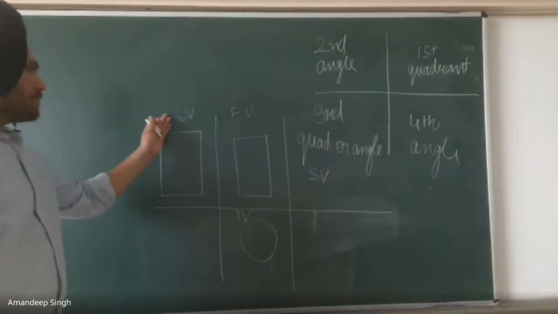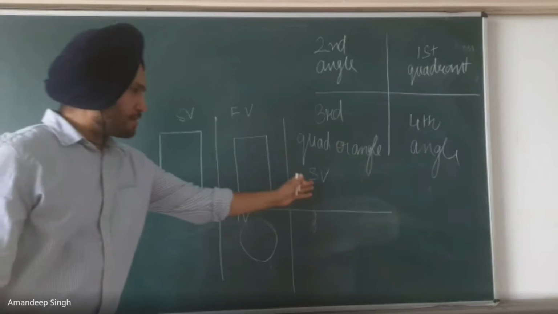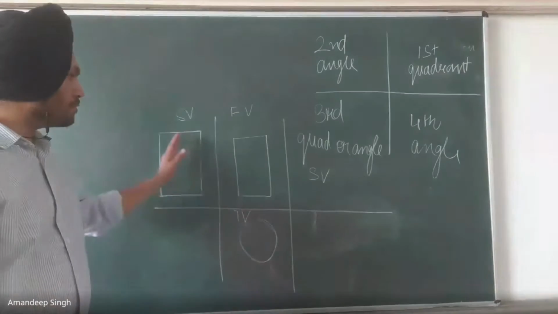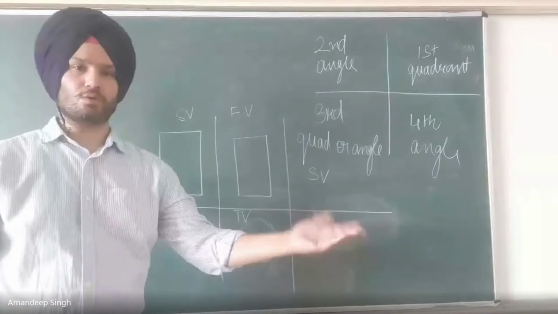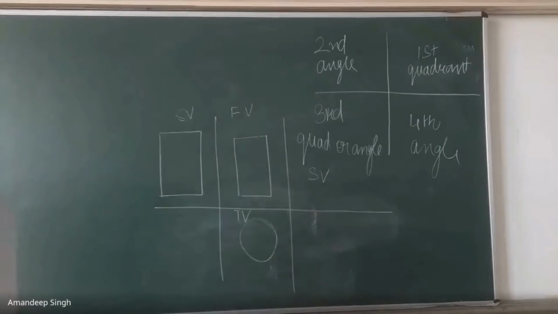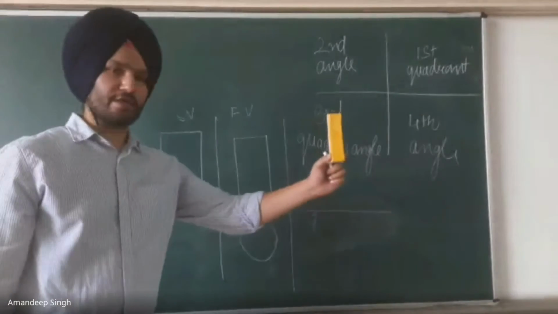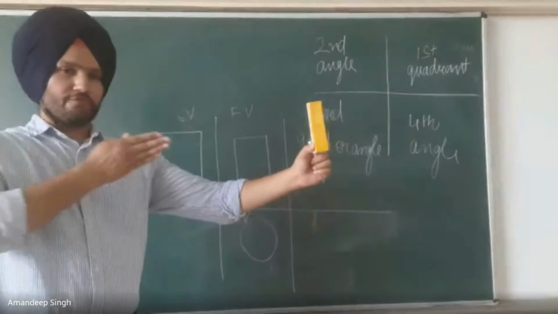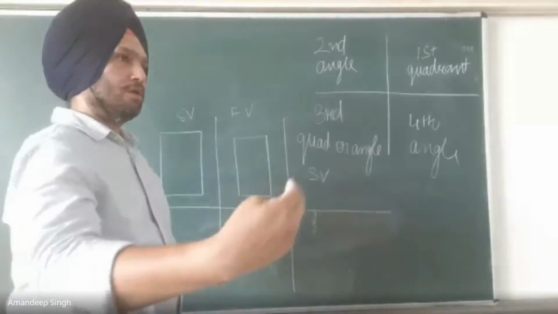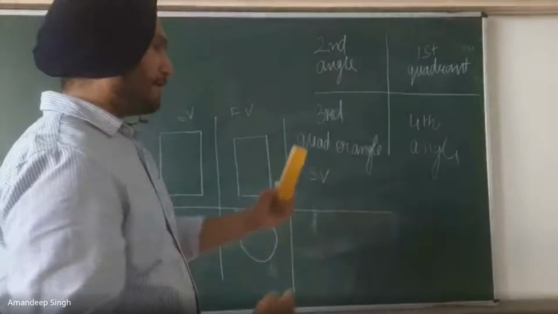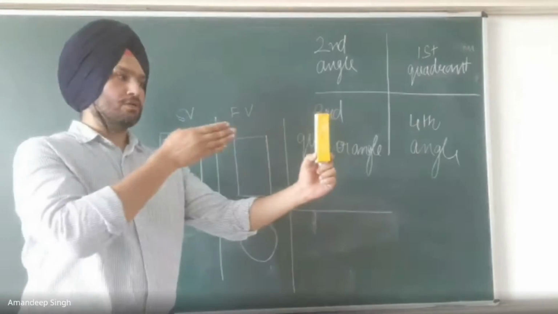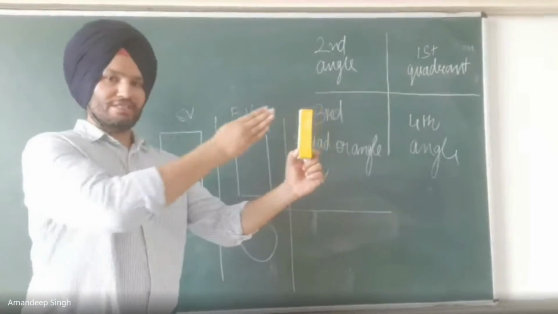So if I am having two side views, I only have to draw a single side view. No need to draw two side views. Either one side view can work out. If you're working on the side view, for example, I'm holding a duster and watching it from this side. You are watching from the front side, and I am pointing in the direction of the left face, the left side of the duster.